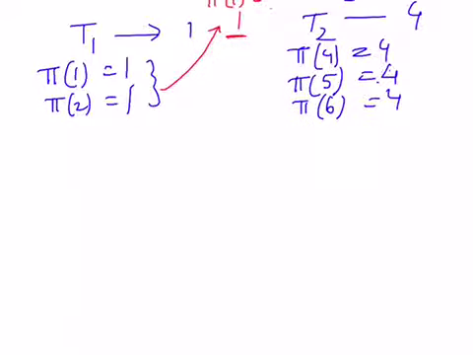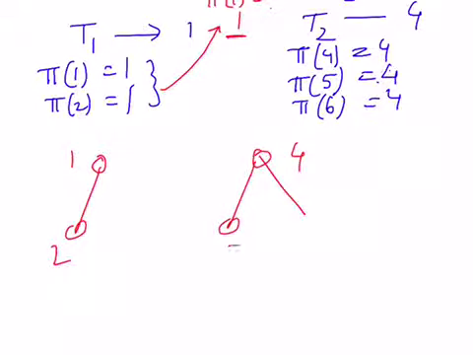So how do we maintain this parent information? Basically the parent information is maintained as I have shown before: 1, 2, let us say 4, 5, 6. But when I am introducing this edge, I have to somehow combine these two sets, right?